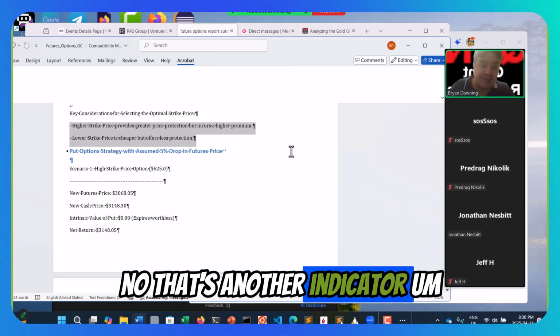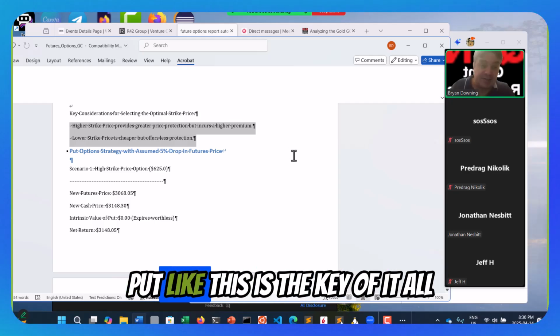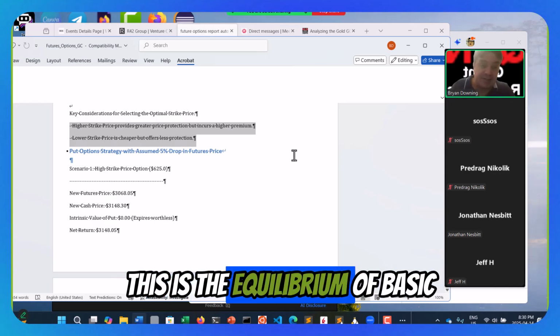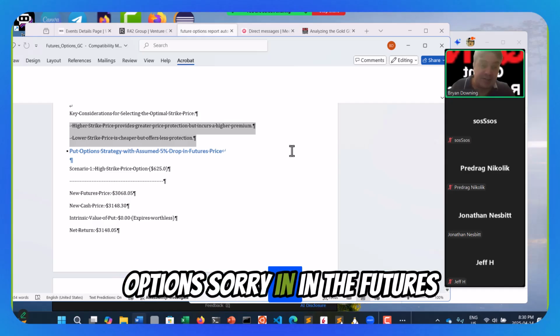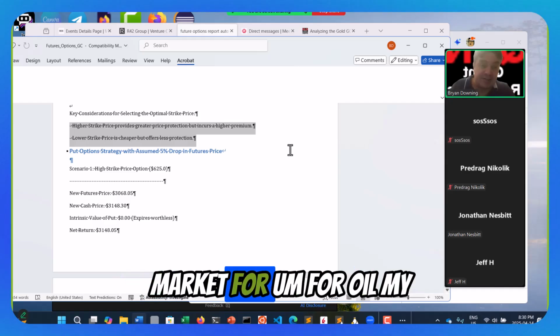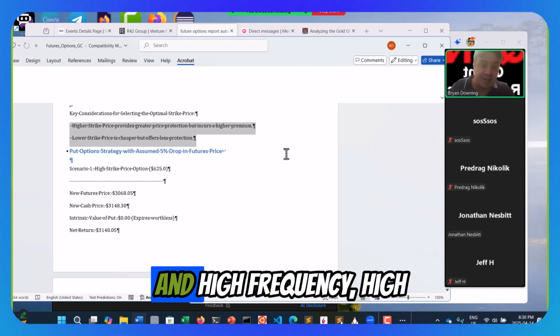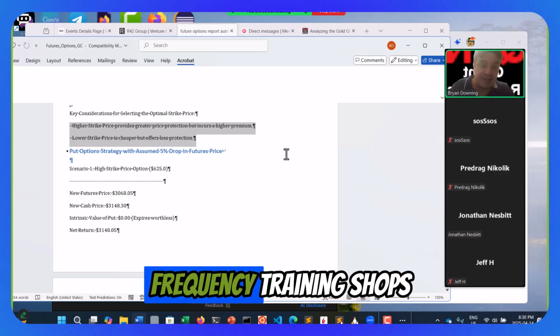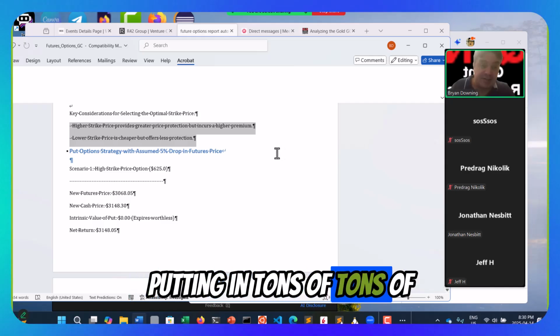So that's another indicator. But the real one is this call put. This is the key of it all. This is the equilibrium of basic supply and demand in the options, sorry, in the futures market for oil. My theory is that HFT and high frequency trading shops specifically see this as an opportunity and they're just putting in tons of shorts.